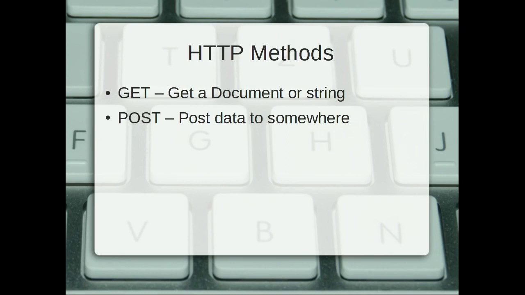Whenever you visit a web page, you're usually using a GET command to get the files and web page data; you're making a request to get that. The POST method is used to post data to something, usually a form or some sort of input. You're inputting something to somewhere.